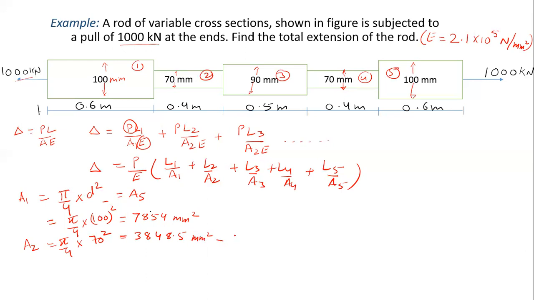Sorry, A2 is equal to A4 because the diameter is constant. Similarly, A3 will be equal to pi by 4 into 90 square, which will be 6361.7 mm square.